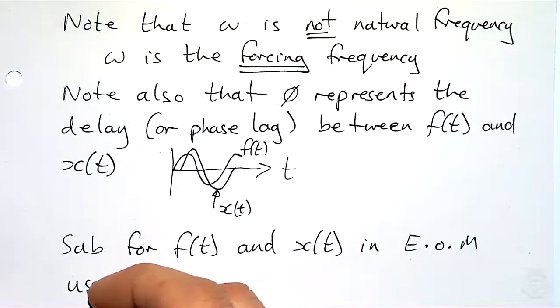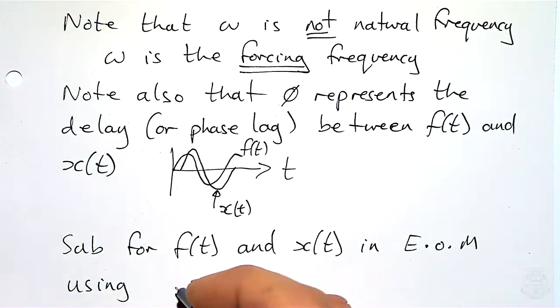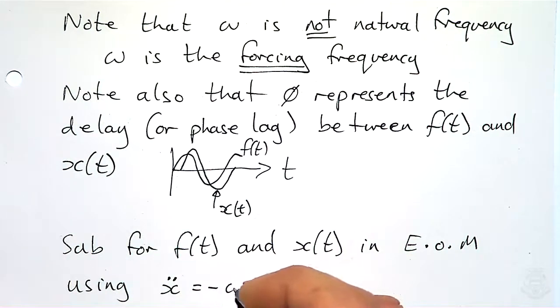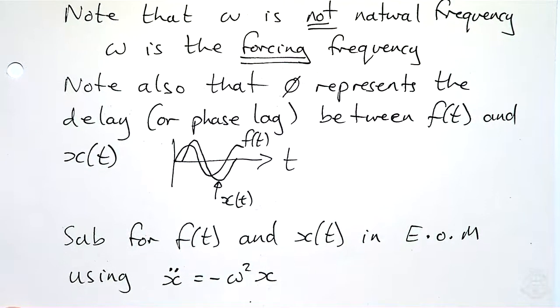And we'll also use the fact that in this case x double dot is equal to minus omega squared x. Okay, so if we look at the assumed solution for x and differentiate it twice, each time we get a j omega. Okay, so j omega squared is minus omega squared.